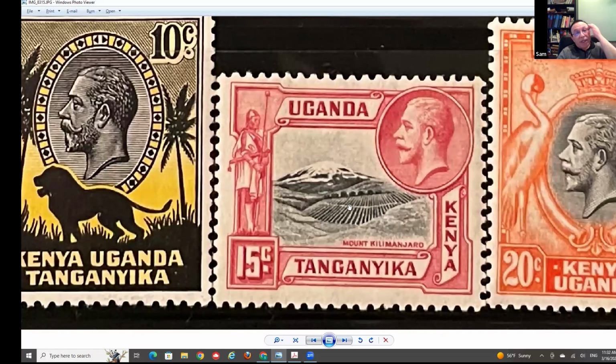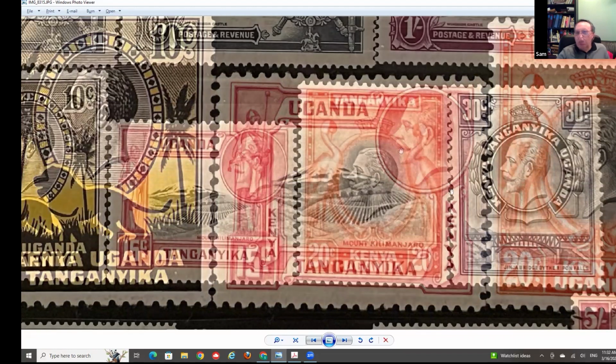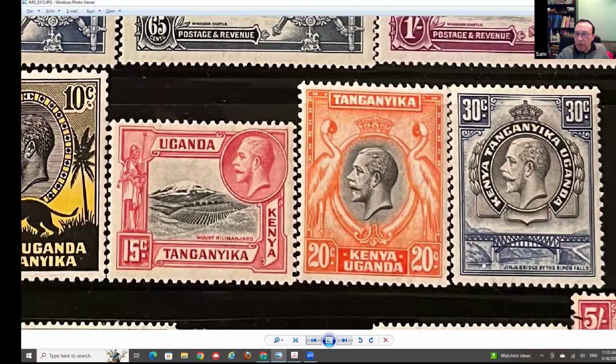Kilimanjaro is the largest mountain in Africa, but also the largest freestanding mountain in the world. That means it's not part of a range of mountains. That's the largest in the world. Of course, that's the same stamp as before. And this is the Jinja bridge in Uganda.